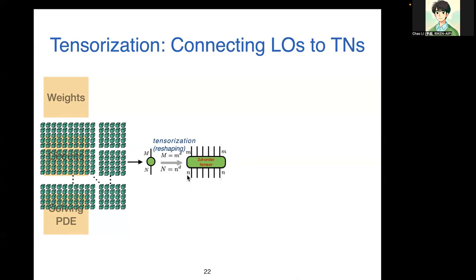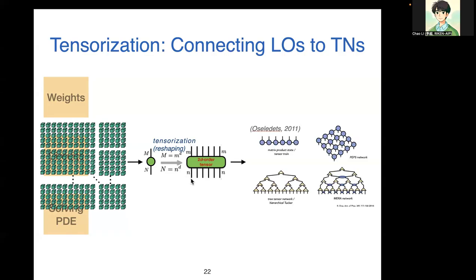Once we have that, we can represent it using different tensor network models, depending on the problem's needs. As a result, the original high-dimensional matrix would be represented with a much smaller number of parameters.